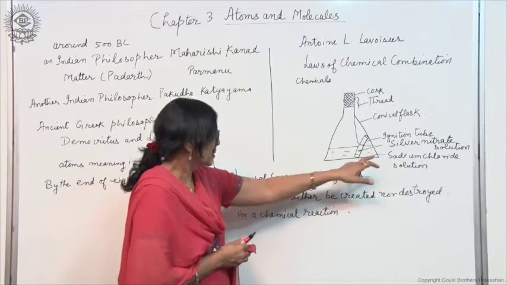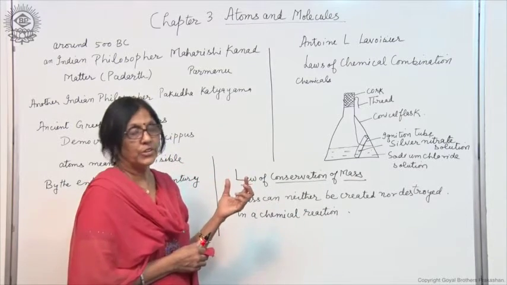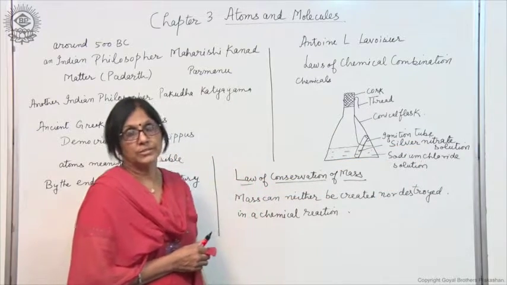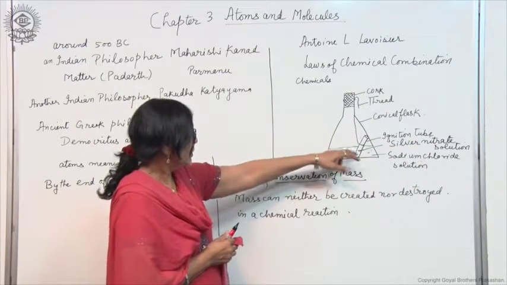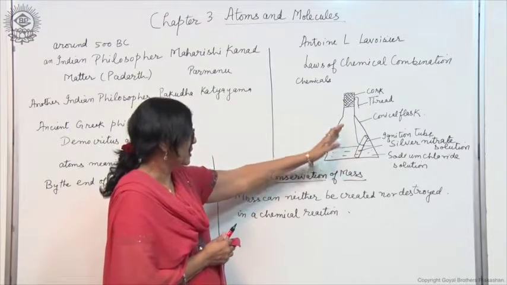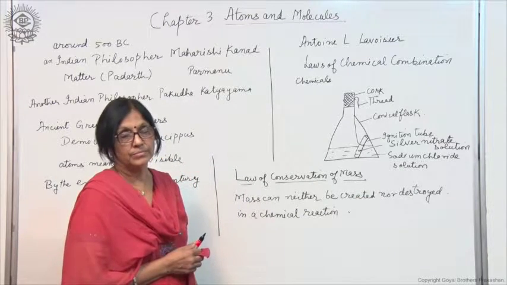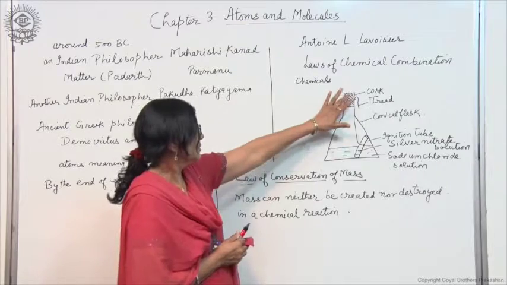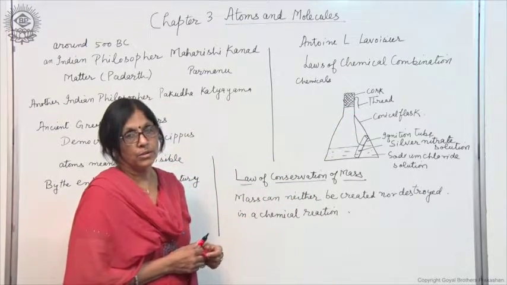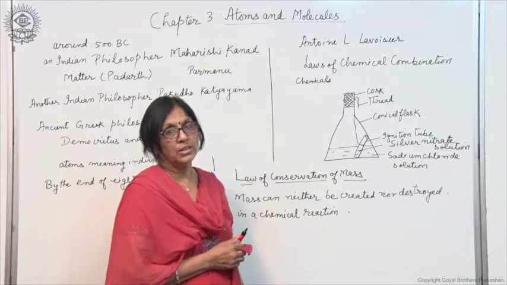Let us say we take sodium chloride solution, and a small ignition tube is taken in which a silver nitrate solution is taken. The ignition tube is suspended in the conical flask very carefully with the help of a thread, so that the 2 solutions do not mix, and then the top is closed with the help of a cork, so that nothing from outside can be added into the conical flask.